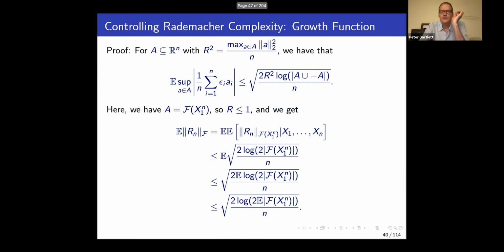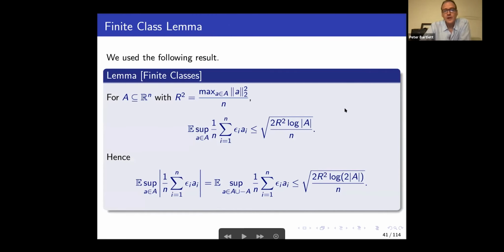Okay, so that first step here, arguing that we have an upper bound on this alignment in terms of this quantity, is using a particular result for finite classes. This is the result we appeal to there. It's a result, without the absolute values; throw the absolute values back in, and that's where we get the union over elements of the class and negations of elements of the set A. So we were using this inequality.